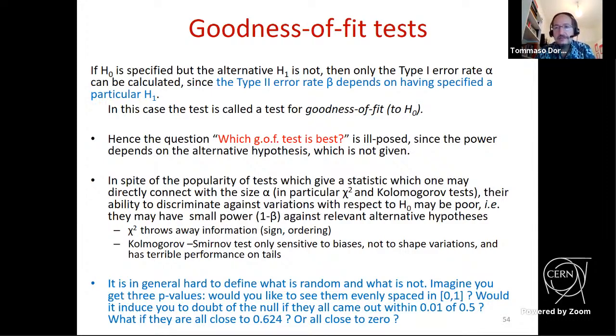So you will still have a critical region which allows you to reject the model or not, but you will not have a power measure, which is 1 minus beta, where beta is determined by the alternative hypothesis, which you don't have because you only have one model. And therefore, it doesn't make any sense to say which goodness of fit test is best for a given set of data or a given model, because it depends.